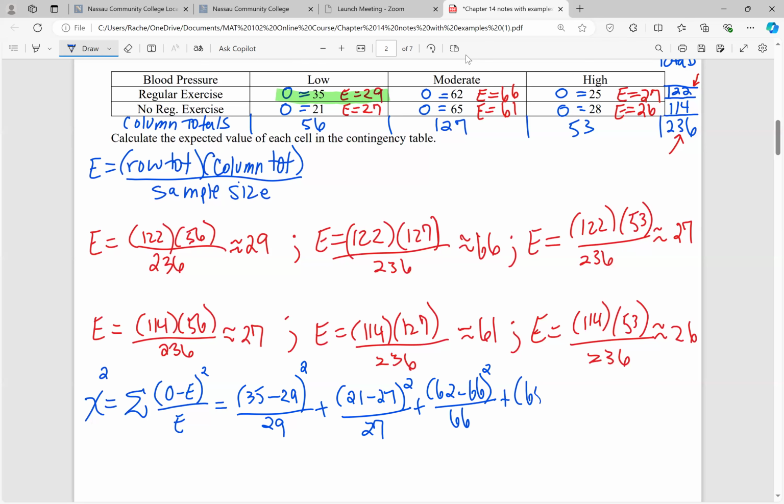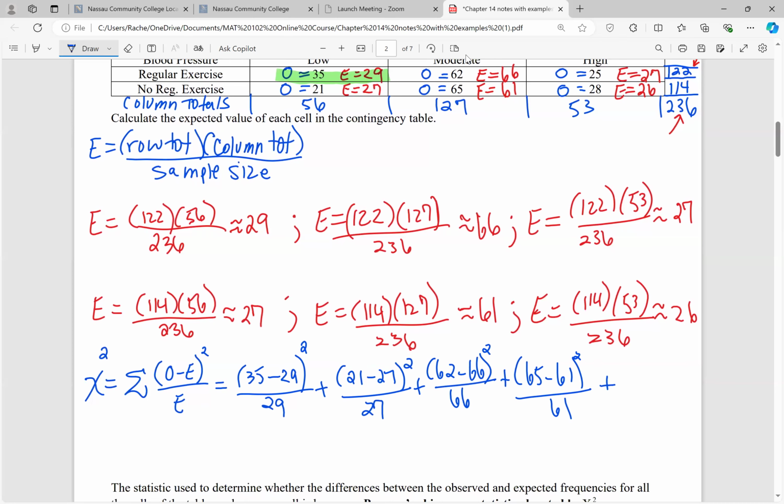Then we're going to take 65 minus 61 squared divided by 61, plus, now we have to do the last two cells in that last column, so we'll do plus 25 minus 27 squared divided by 27, and then plus 28 minus 26 squared divided by 26.